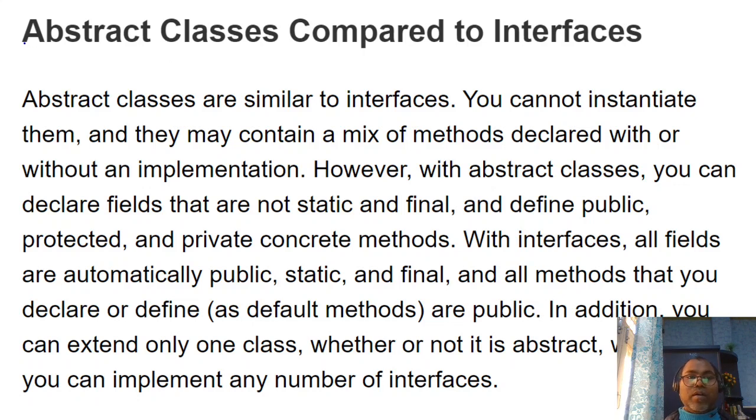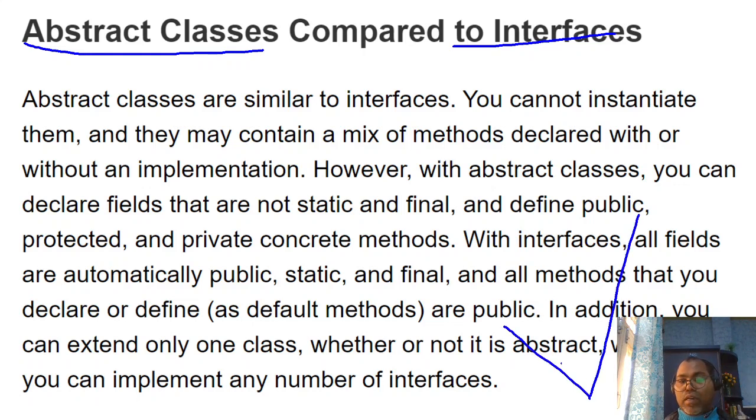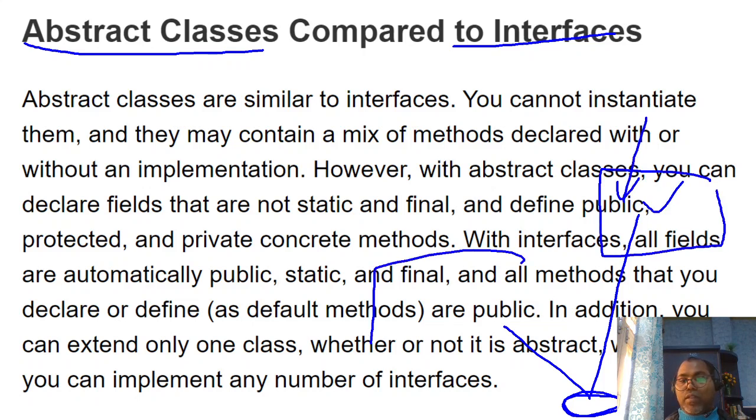So, abstract class compared to interface: you can write an abstract method, meaning only the signature of a method, in the interface without the abstract keyword. But when you write any abstract method inside a class, that class must be marked as an abstract class.